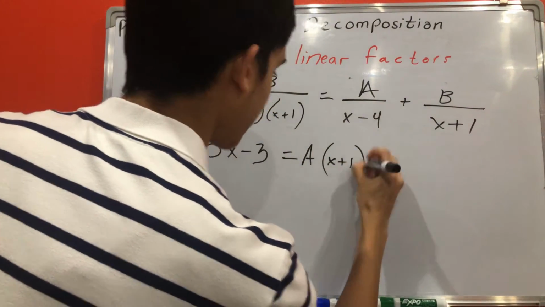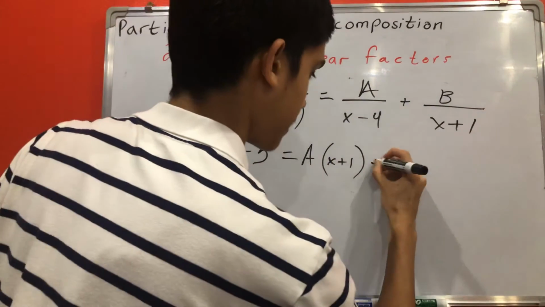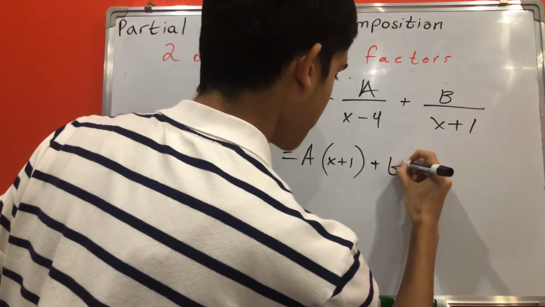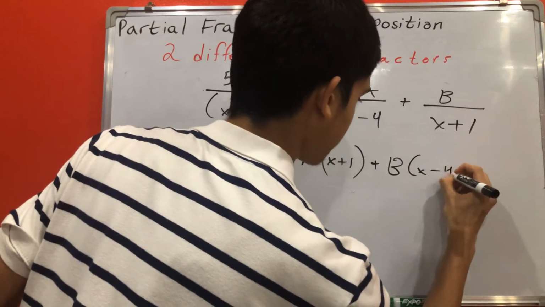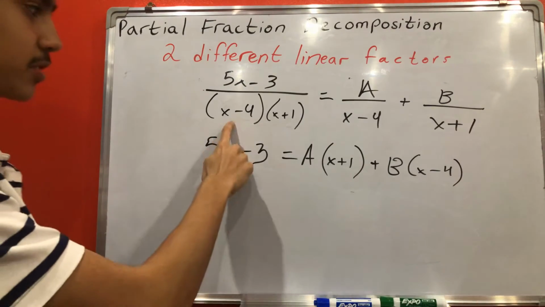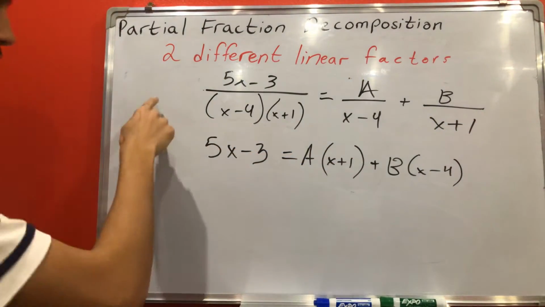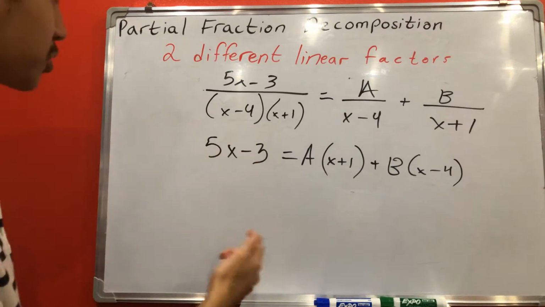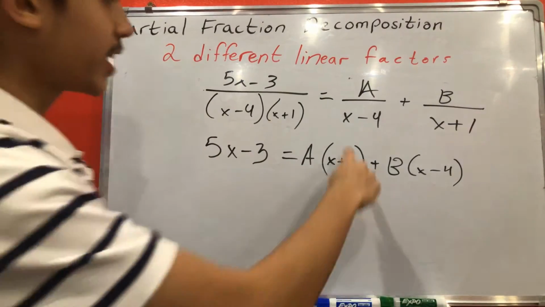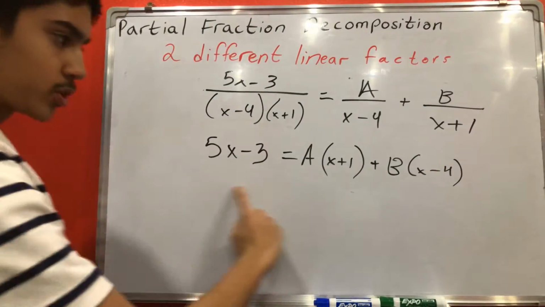So x plus 1 is unused in A, and x minus 4 is unused in B. So again, all I did was just multiply by the factors on both sides of the equation, alright? And you end up with this equation.